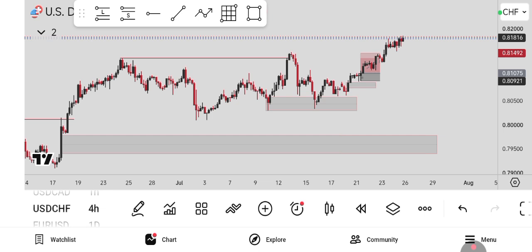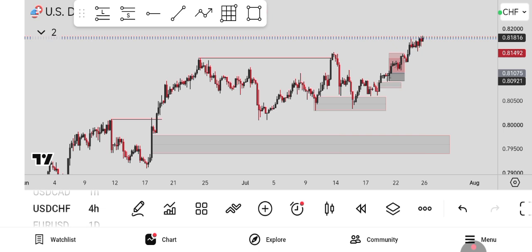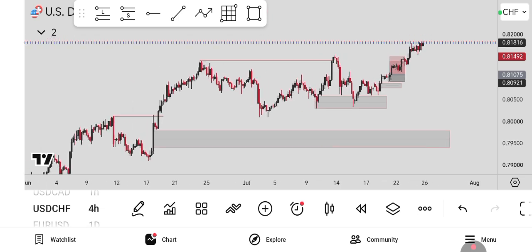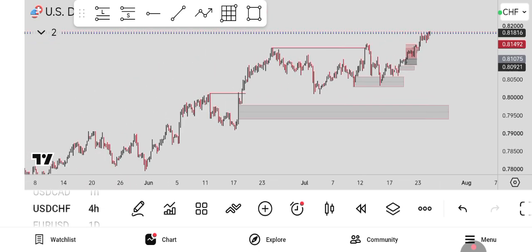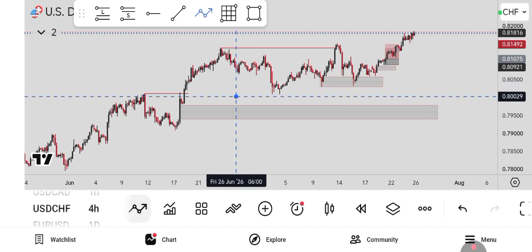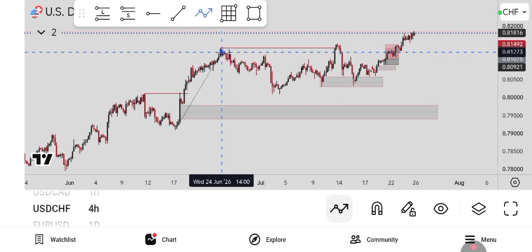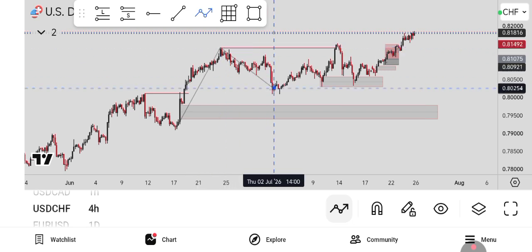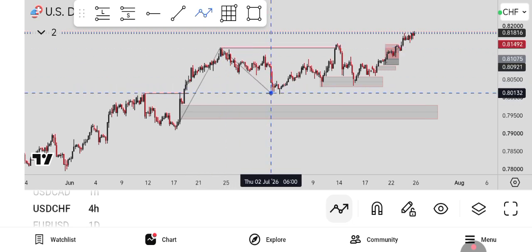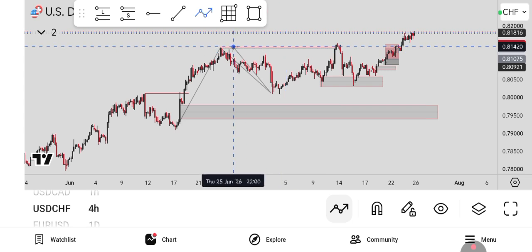So now on the 4-hour time frame, this is where I want to mark out my structure and my key level. As you can see, let's start from here. This is the recent structure. The market created the low, created the high, comes back, creates another low, and breaks this recent high.